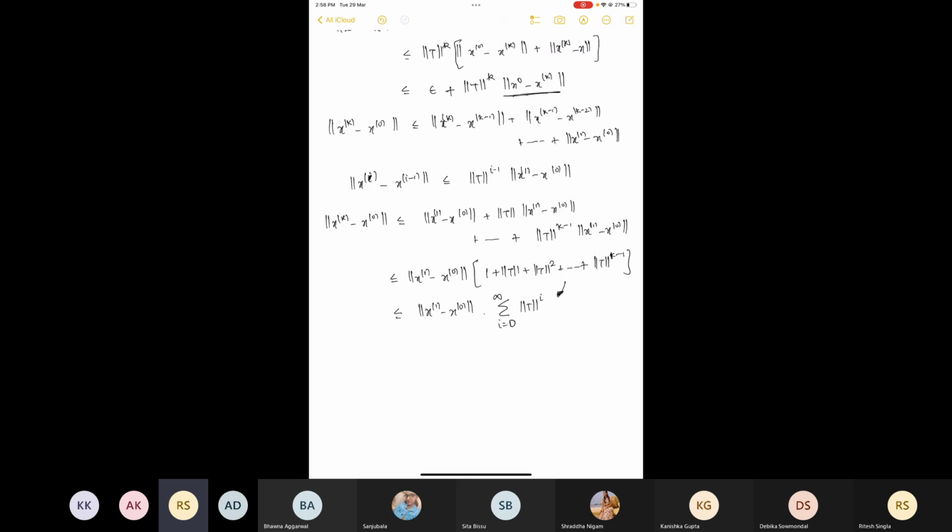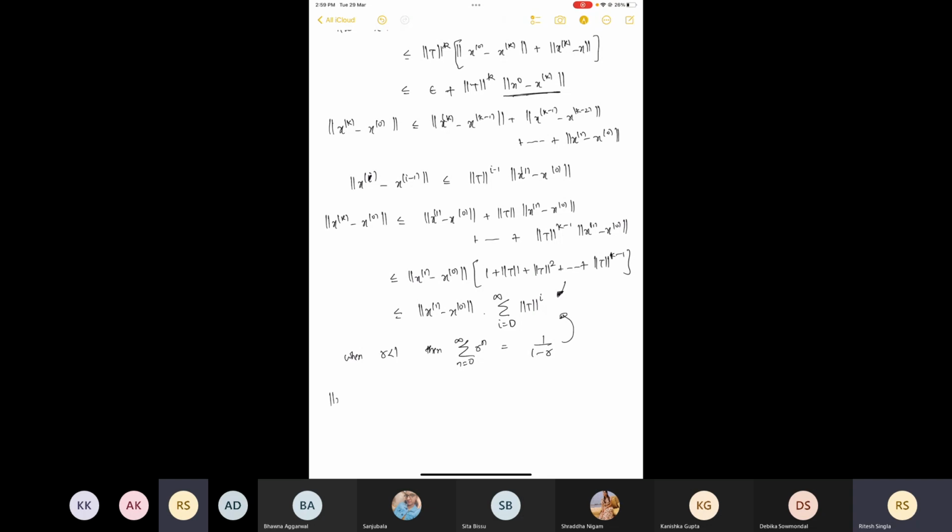Now when r is less than 1, the summation n going from 0 to infinity of r to the power n is a GP. The sum of the GP is nothing but 1 upon 1 minus r, right? So just use it here.